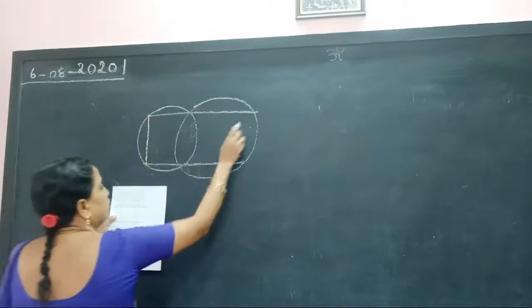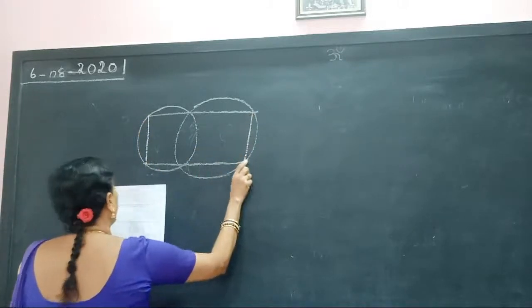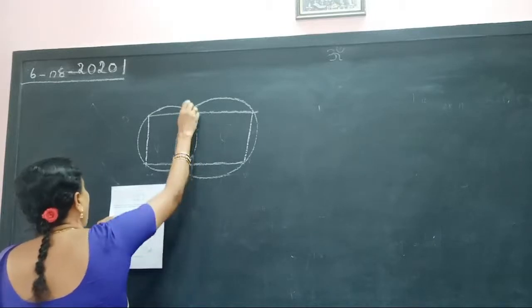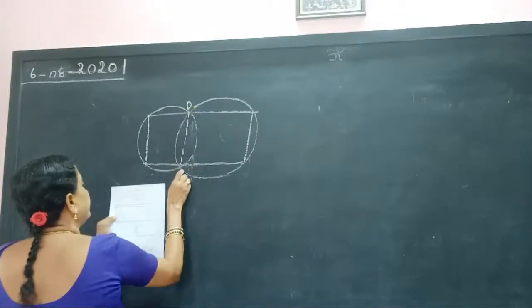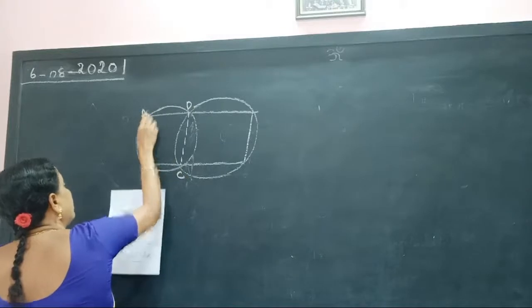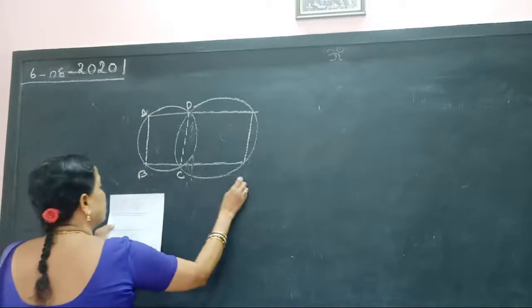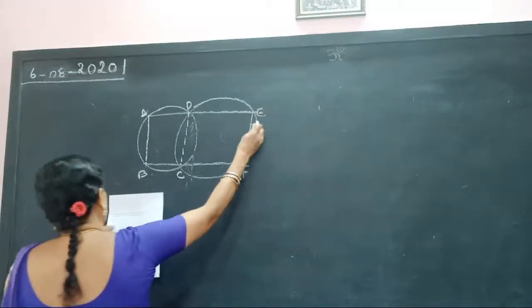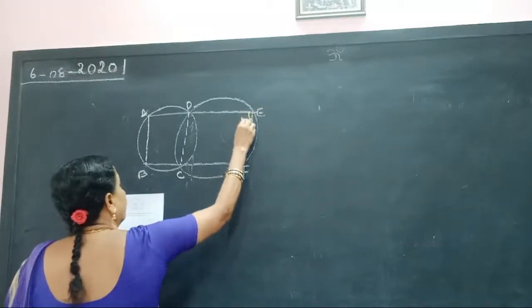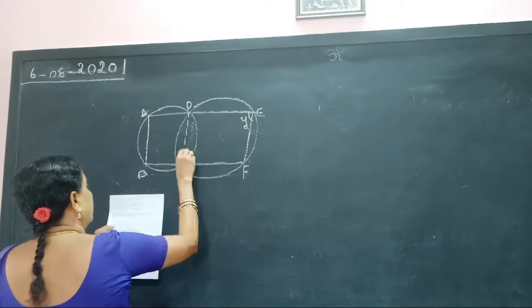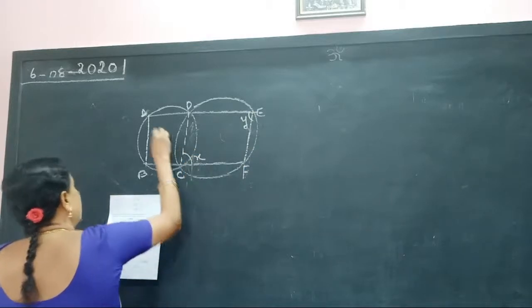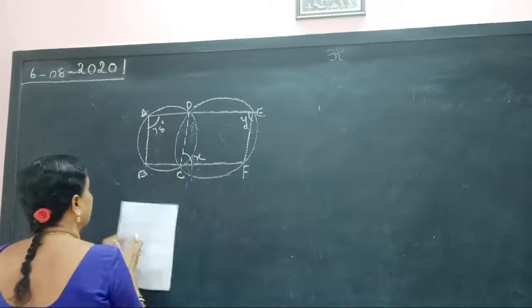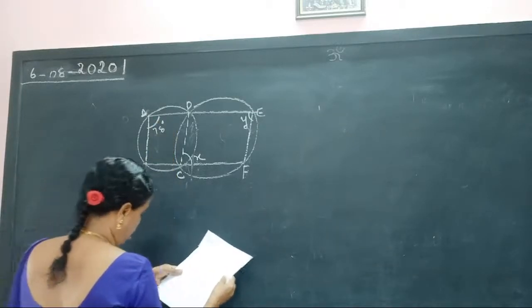Join this, and also join the intersecting points. D, C, A, B, F, E. This is Y, this is X. What is given?